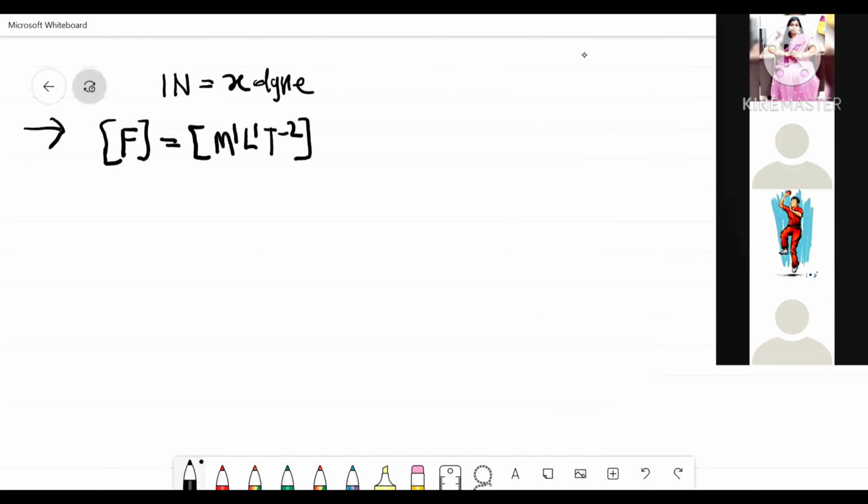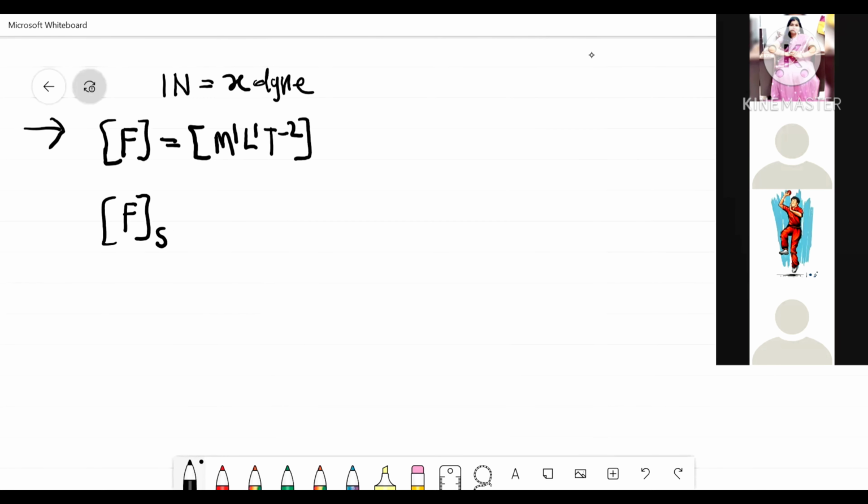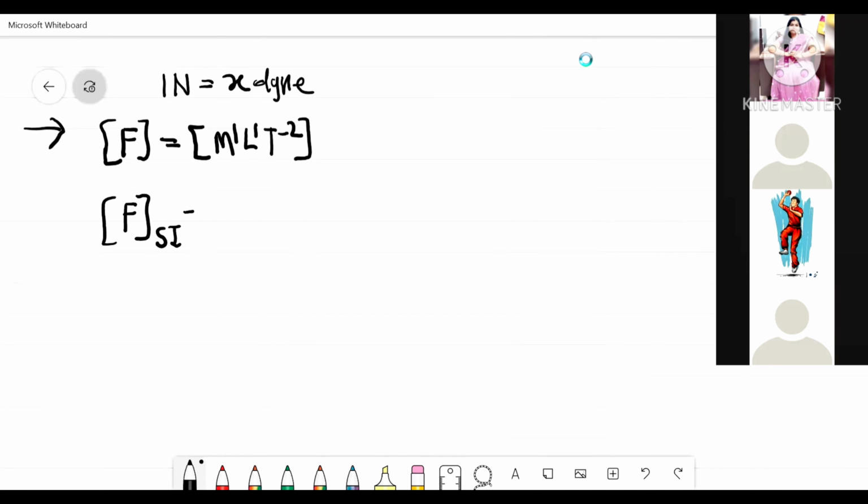We'll write here force dimension in SI system. And next, the same, and then write the force dimension in CGS system. Write in your notebook along with me.